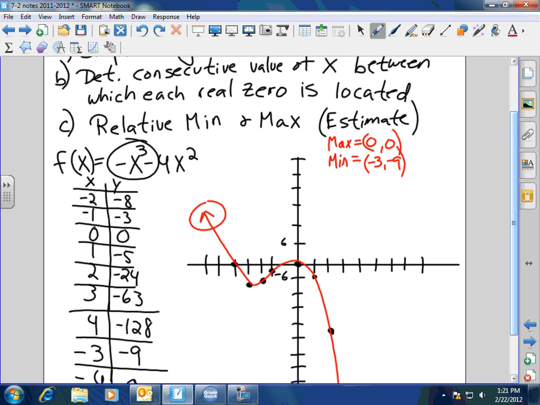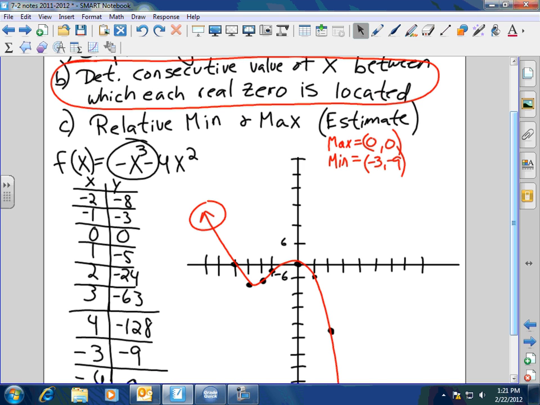Now, the one question we haven't answered is this. Determine the consecutive values of x between which each real 0 is located. So think about it. Isn't this and this a 0?